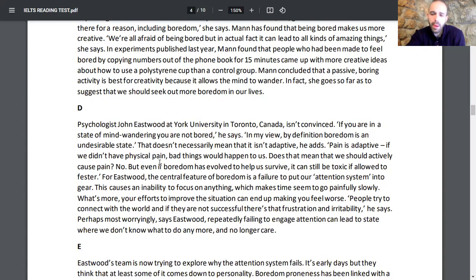In paragraph D, by the way, in contrast, psychologist John Eastwood considers that boredom is negative, okay? So he considers that boredom is negative. It says when he says, in my view, by definition, boredom is an undesirable state. Wow, undesirable state.